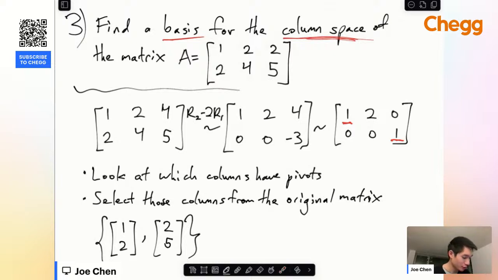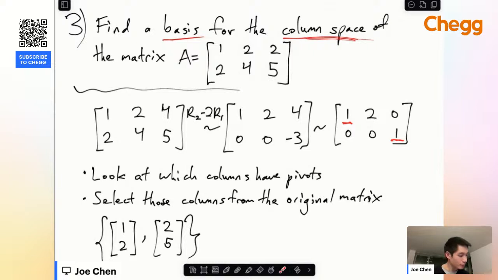For example, you see that the first two columns are linearly dependent, right? They're on the same line. And so just taking all the columns doesn't get me a basis. It's not minimal in terms of spanning sets.